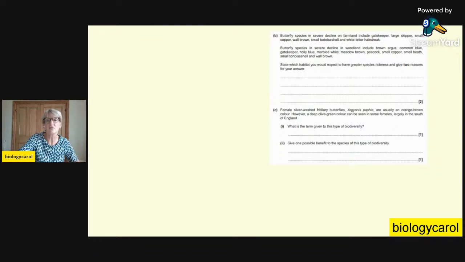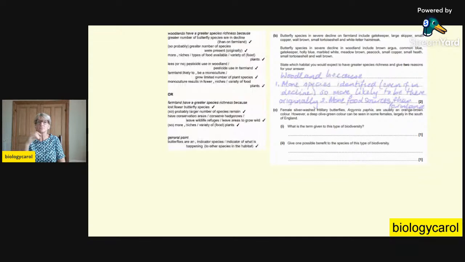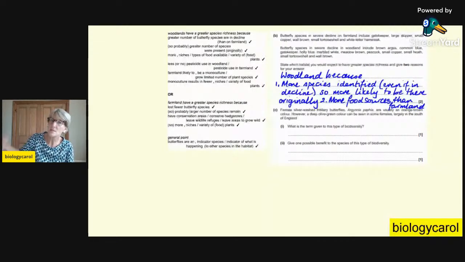Oh, sorry, I've just realized I've got this wrong way around. So this is what I put. I went down the route of woodland because more species were identified, even if in decline, and so more likely to be there originally. That was my logic, but I wasn't sure.